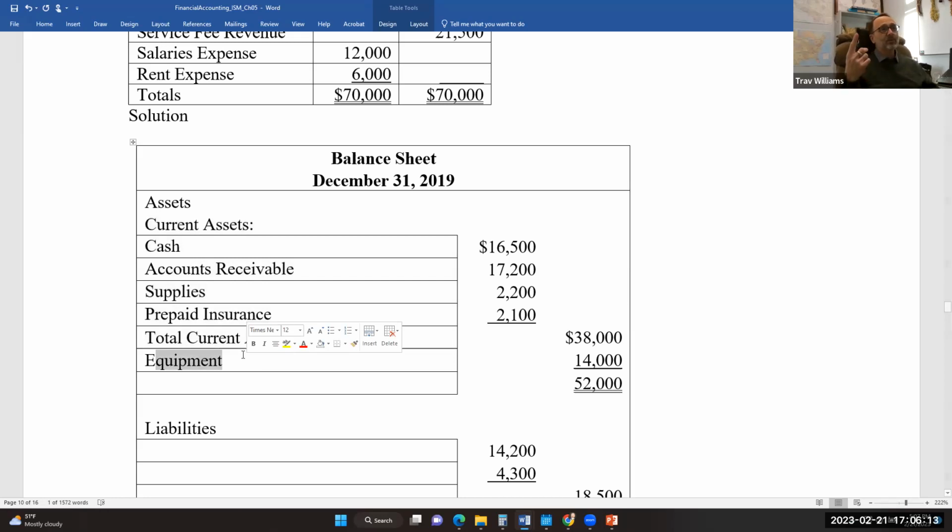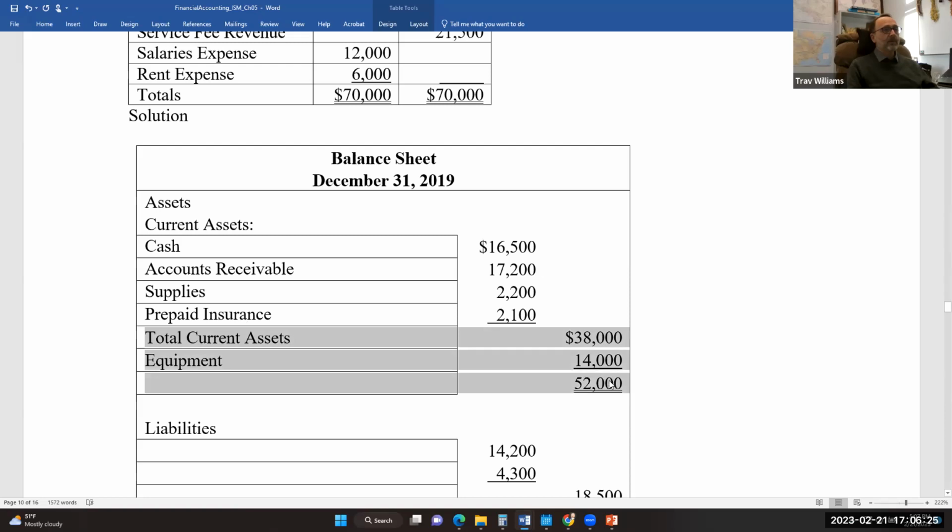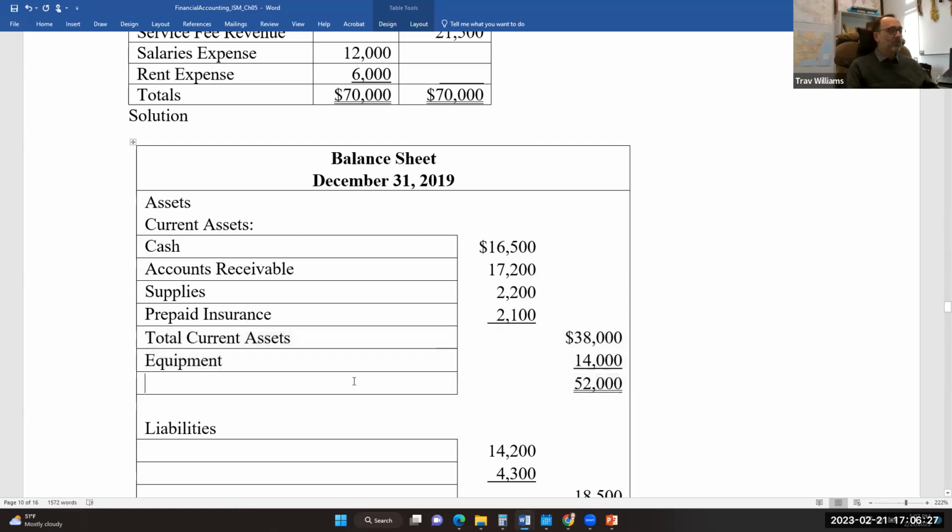In this case, since there was only one, they just left it by itself instead of giving it a title. So if we take our total assets of 38,000 plus our 14,000 of equipment, we get total assets of 52,000.